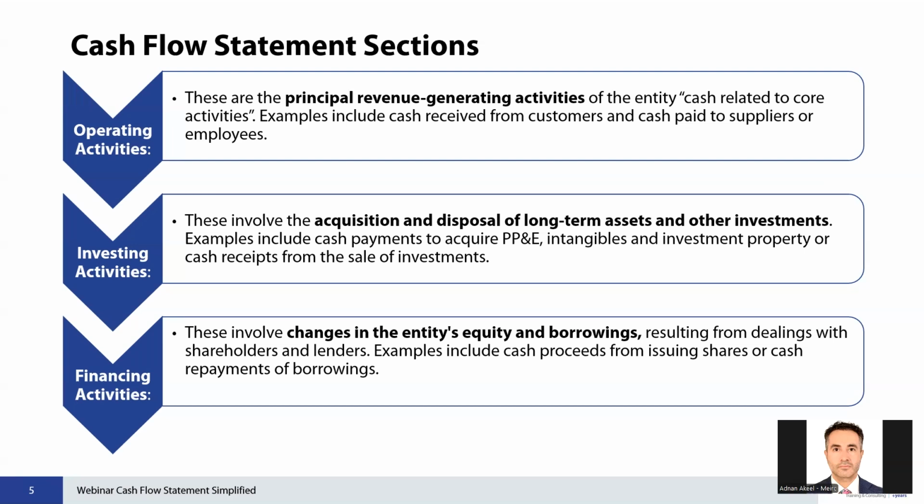On the other side, when we deal with lenders, banks, and financial institutions, receiving new loans from them is by default a financing activity. Similarly, when we repay these loans or bonds, that also falls under financing activities.